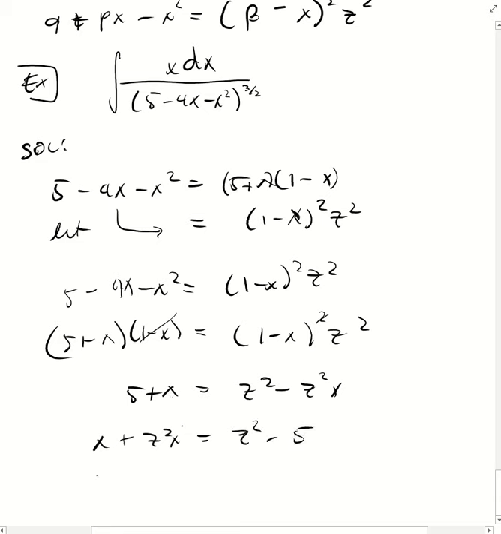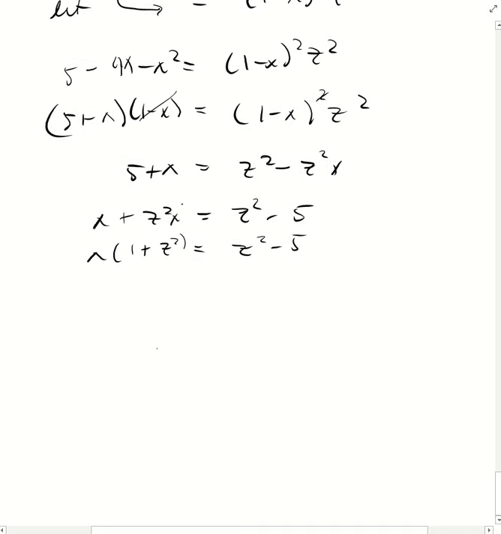Then I can factor out x. x times 1 plus z squared is equal to z squared minus 5. Then solving for x, x now will be equal to z squared minus 5 all over 1 plus z squared.